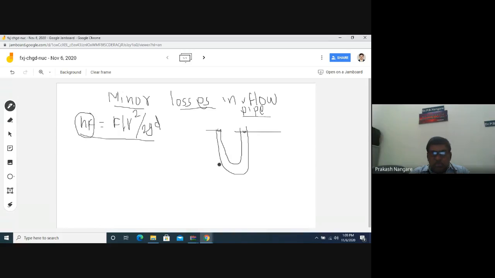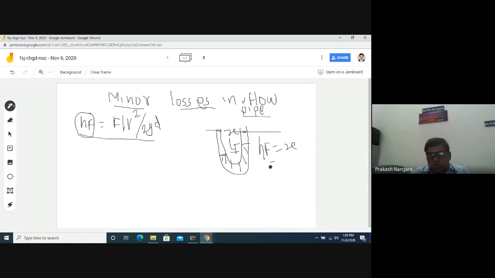You observe the pressure difference between the two points for major loss, in terms of the mercury column. You get this value as x, which is the total difference.